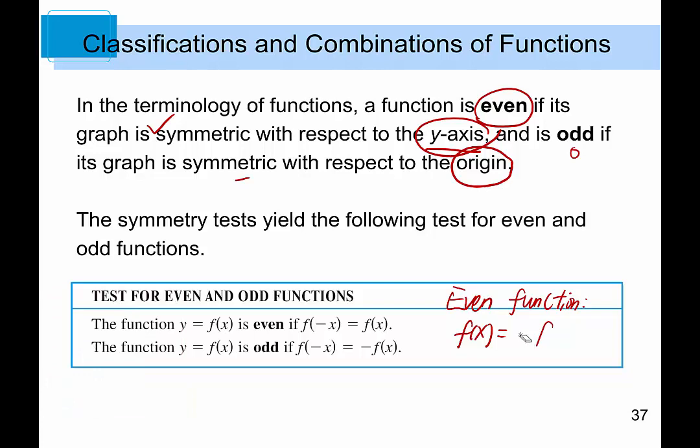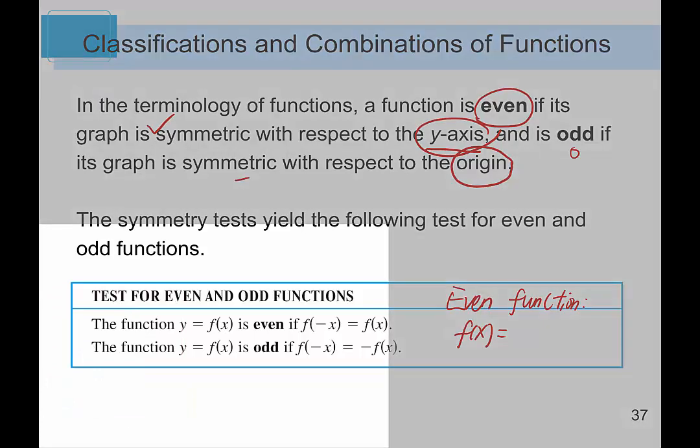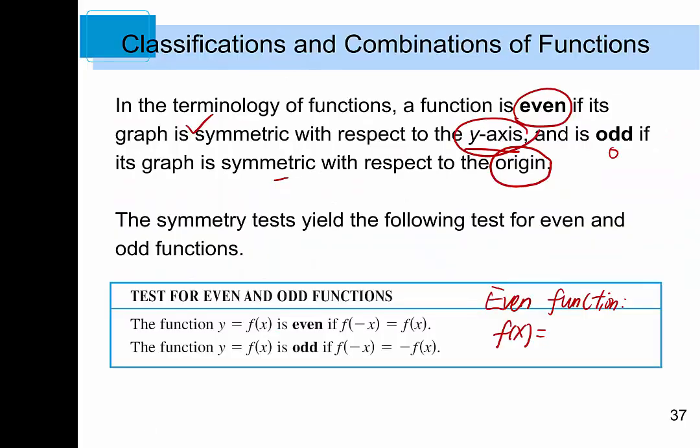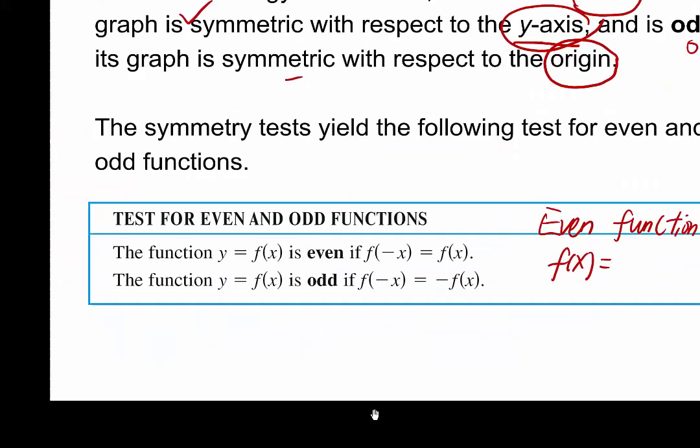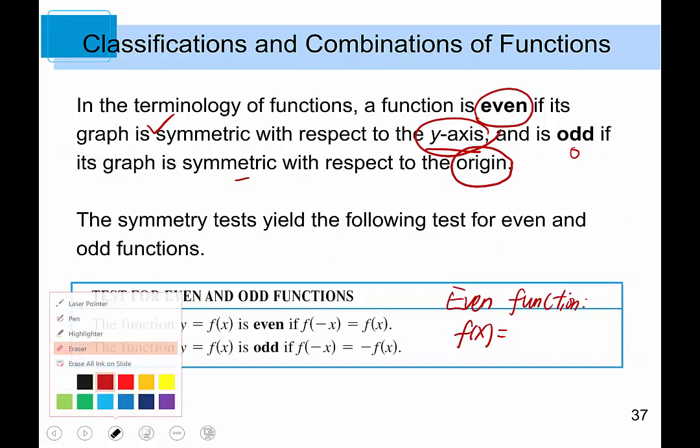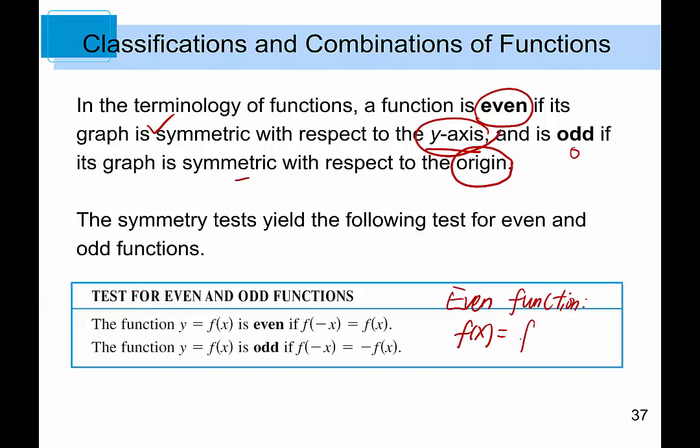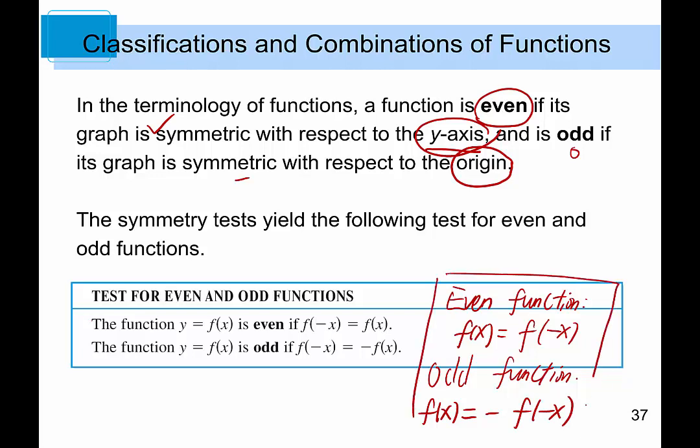For an odd function, f of negative x equals negative f of x. So it's just another way of writing even and odd functions. It's pretty consistent with the test for even and odd functions given in the PowerPoint.